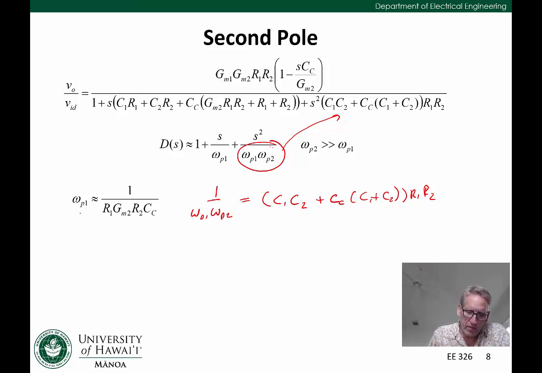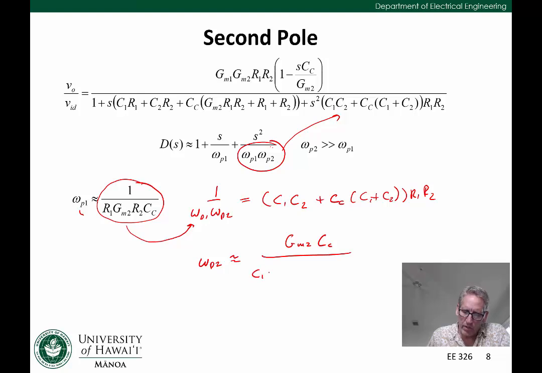Now if we substitute this value of omega p1 into here and solve for omega p2, we end up with omega p2 approximately equal to GM2 CC over C1 C2 plus CC times C1 plus C2. So that gives us our equation for omega p2.